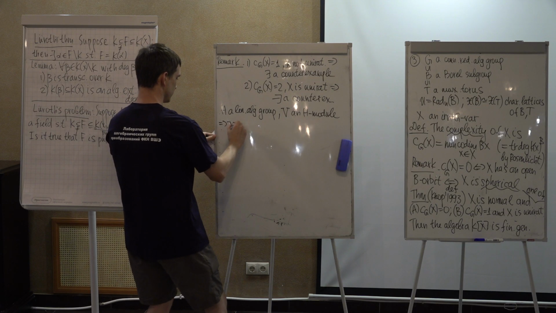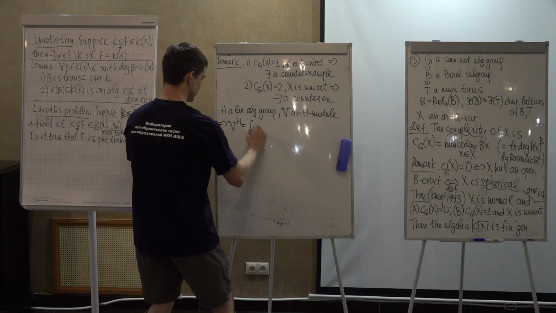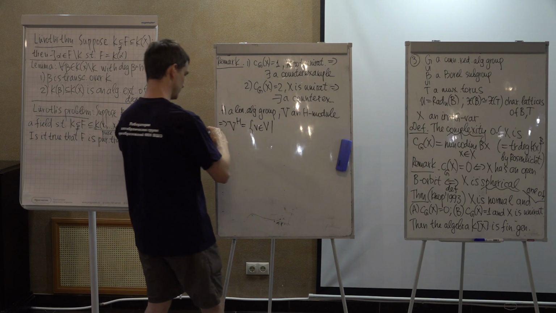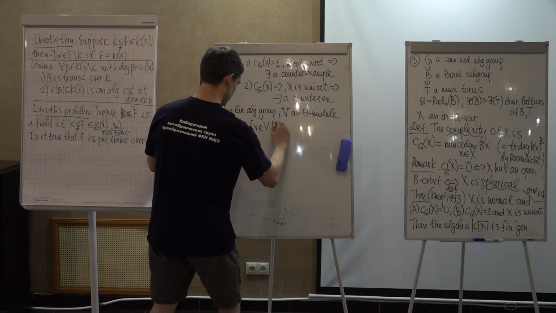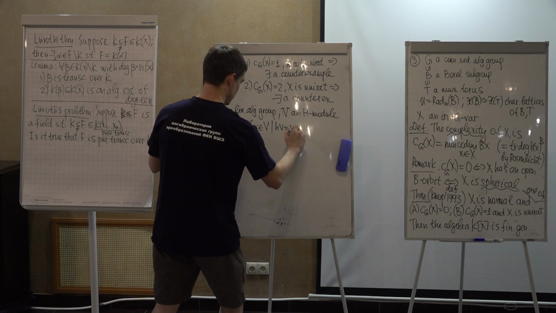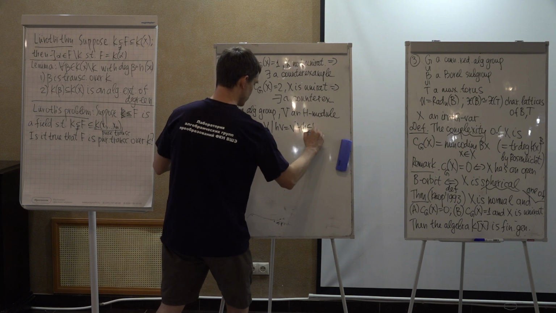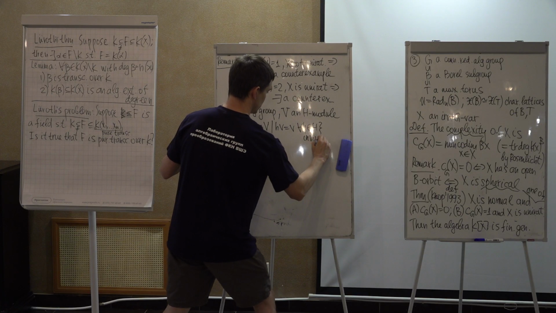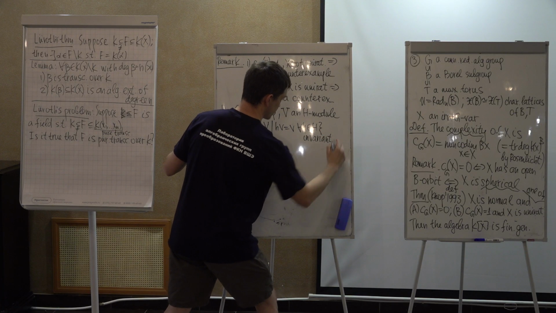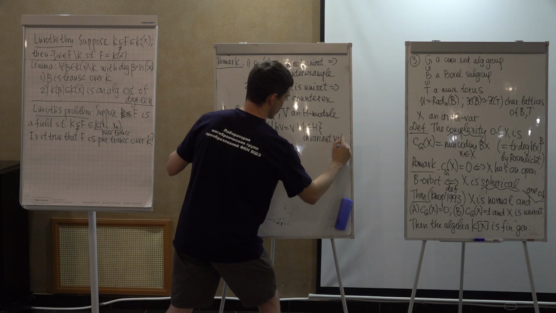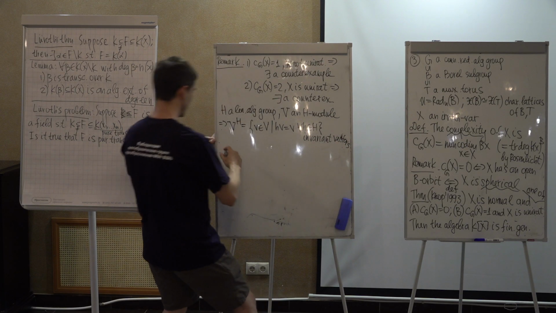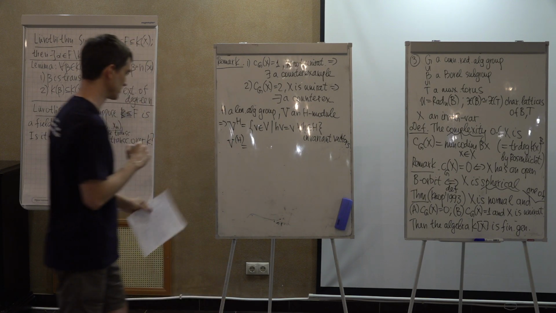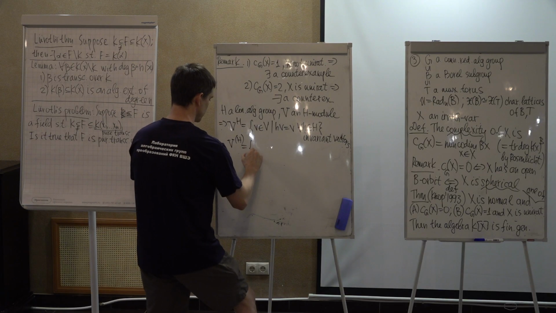Then we can define the set of H-invariants, which are vectors v such that hv equals v for all h in H. There is also a similar notion of semi-invariant vectors.